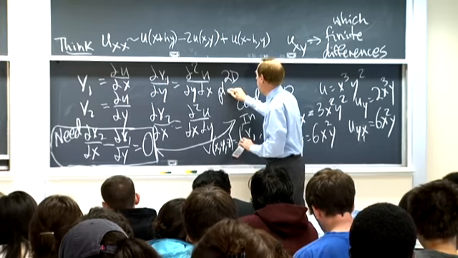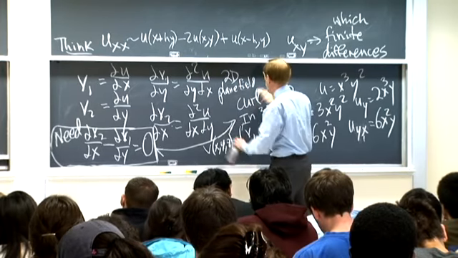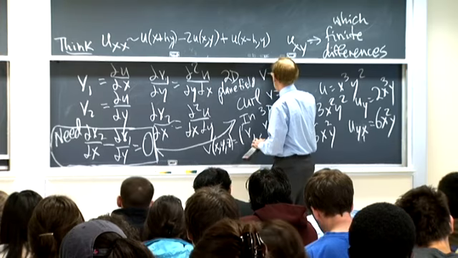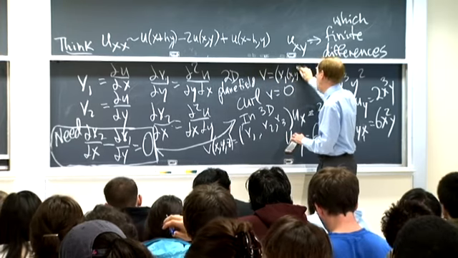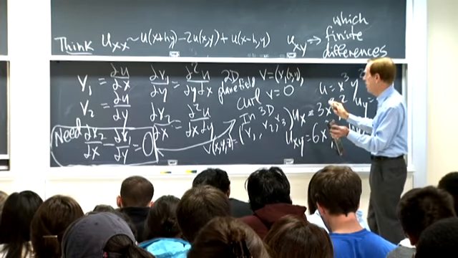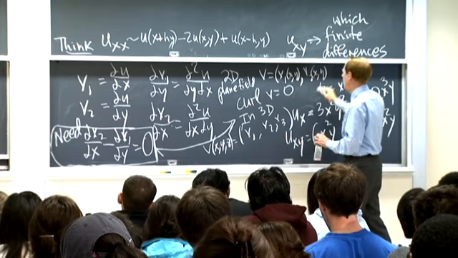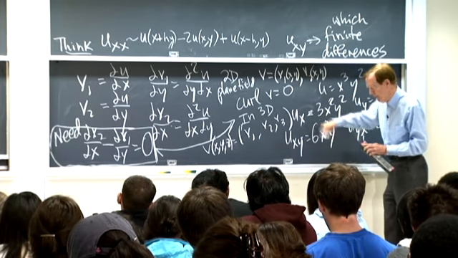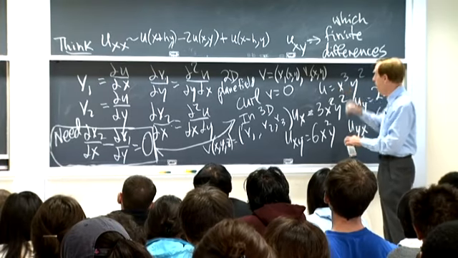A plane field is what I'm working with today. My V is some V1 of x and y, no dependence on z, and V2 of x and y. The y direction of the velocity doesn't depend on z, because this is a plane field, same on every plane.